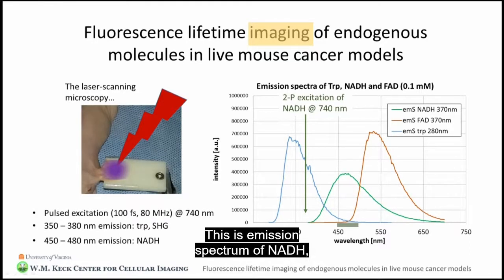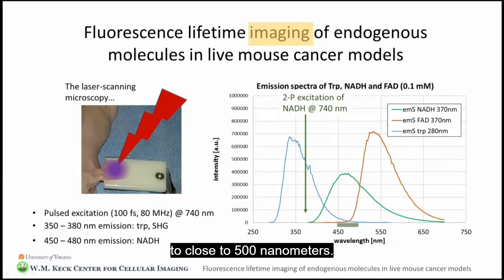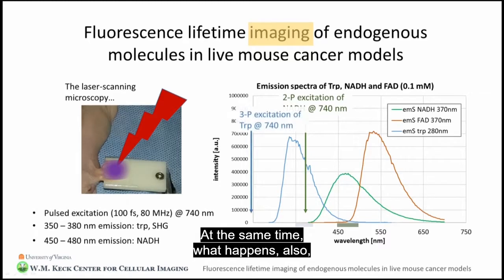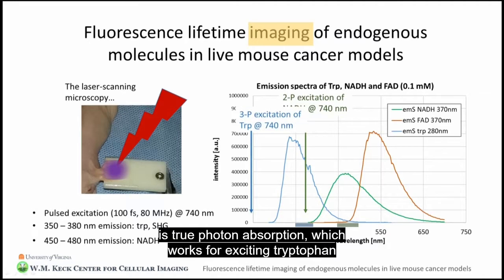This is the emission spectrum of NADH, and we are detecting in this region from 450 to close to 500 nanometers. At the same time, what happens also is three-photon absorption, which works for exciting tryptophan to some extent.